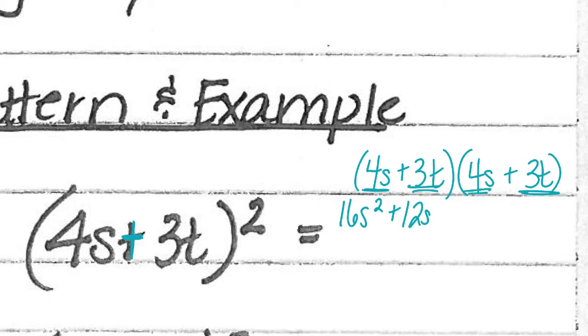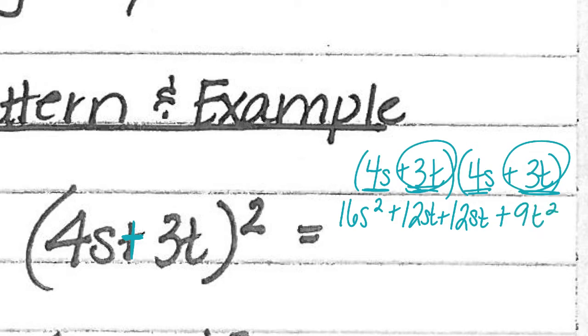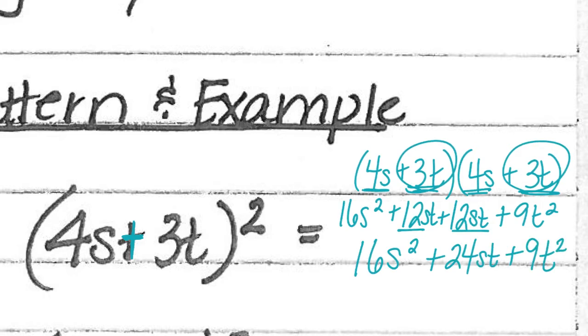Inner terms will also be 12st. And my last terms are 9t squared. When I add the like terms, my final answer is 16s squared plus 24st plus 9t squared.